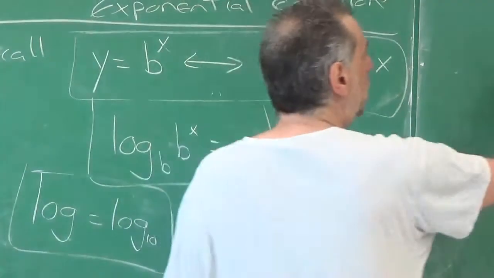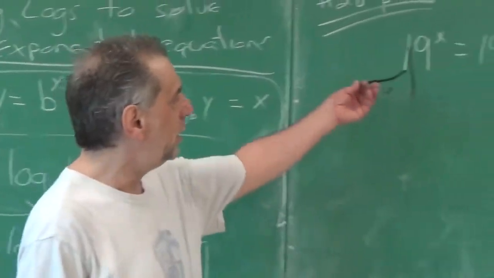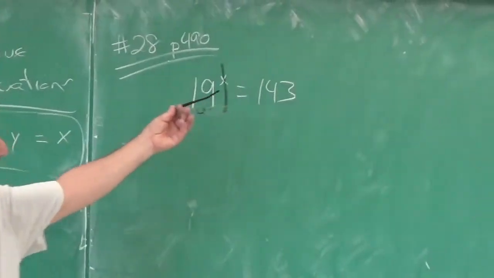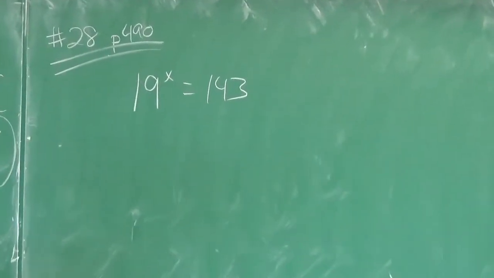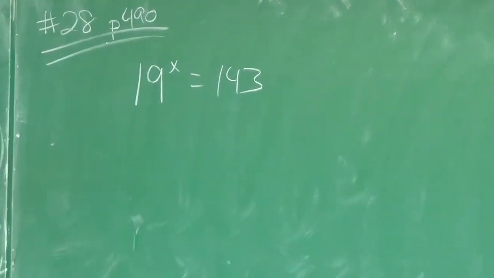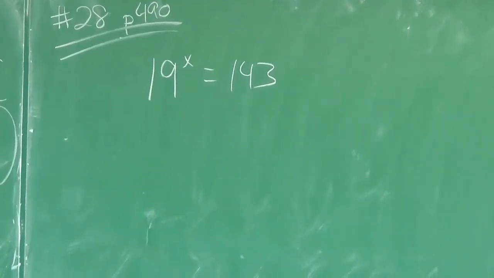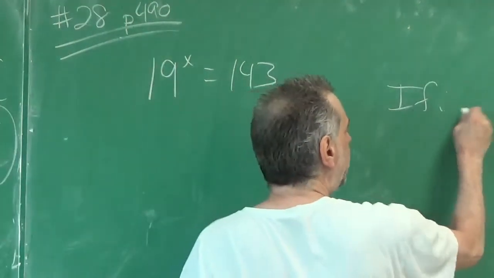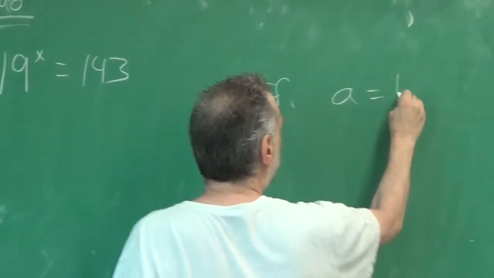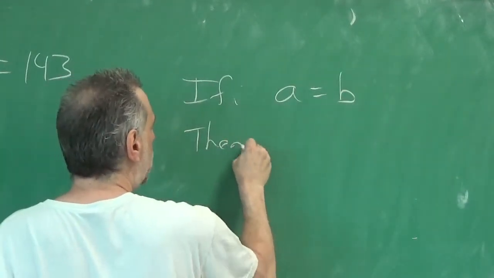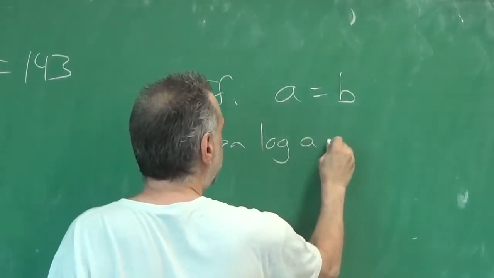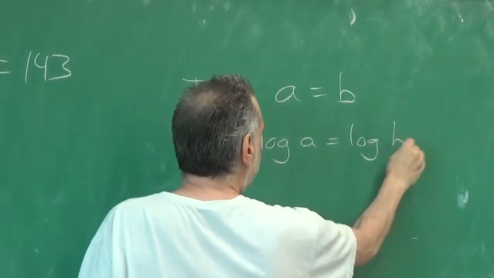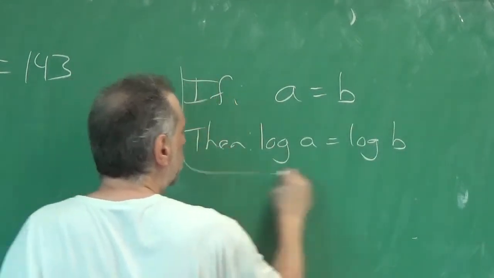So here, we can't create the same base. You can look at 19 squared and see it's not going to be 143, so you can't use the same base approach. So what you're going to do here is you're going to take logarithms of both sides. So another idea that we're using here, we're saying that if we have an equation, then if we take the logarithm of both sides, either log base 10 or log base e, it's still going to be an equation.